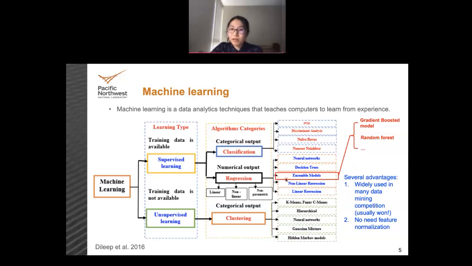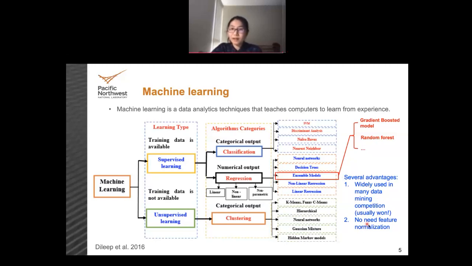There are some common ensemble models that people use, including the gradient boosted model and the random forest. These models have some advantages. First, they are widely used in many data mining competitions, and usually the people who won the competition use ensemble models.